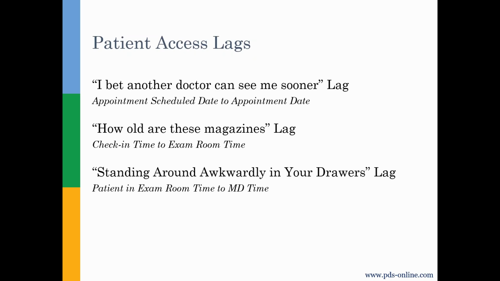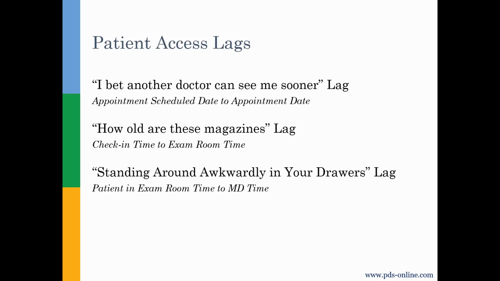So really understanding the lags and understanding how well you're doing at getting patients in same day, 1 to 3 days, within a week, or what's taking longer than 30 days to get in are some things that are critical. But again, talking about what goes on within the clinic itself are, from a patient engagement standpoint, really critical to understand how well your patients perceive the efficiency and effectiveness of your organization.